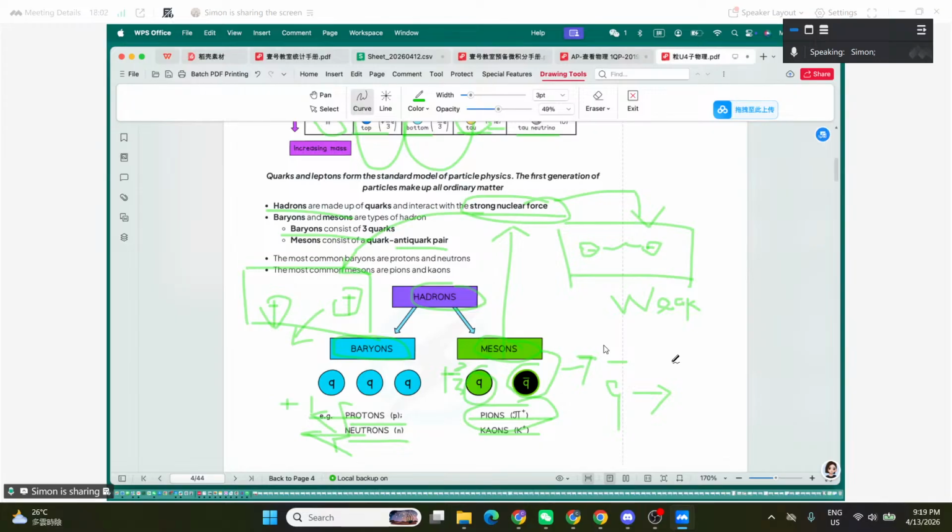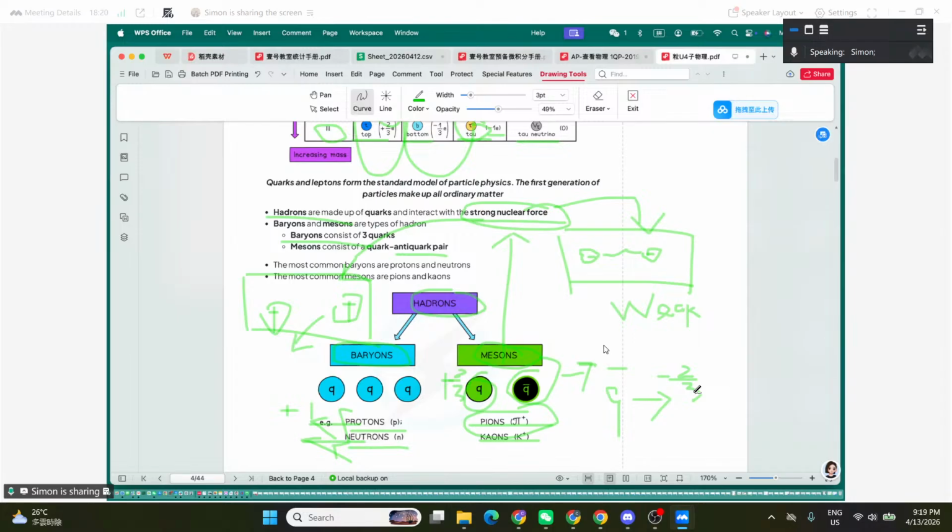The anti represents the inverse, the opposite, negative 2/3. So we call this one the meson. A meson consists of a quark and another antiquark, so there are only two quarks to compose the meson, and there are three quarks to compose the baryons. Understand now?